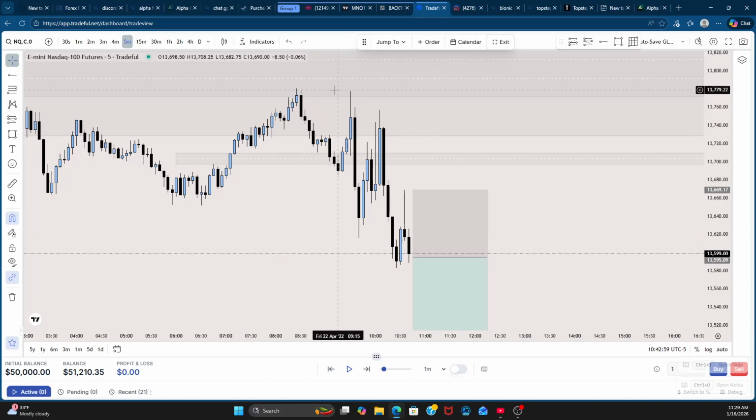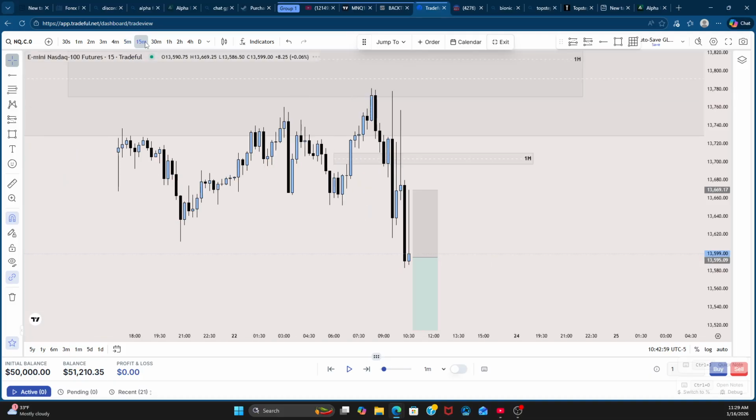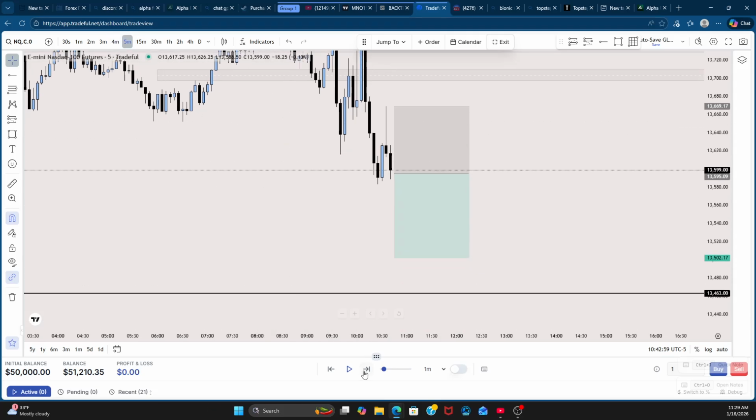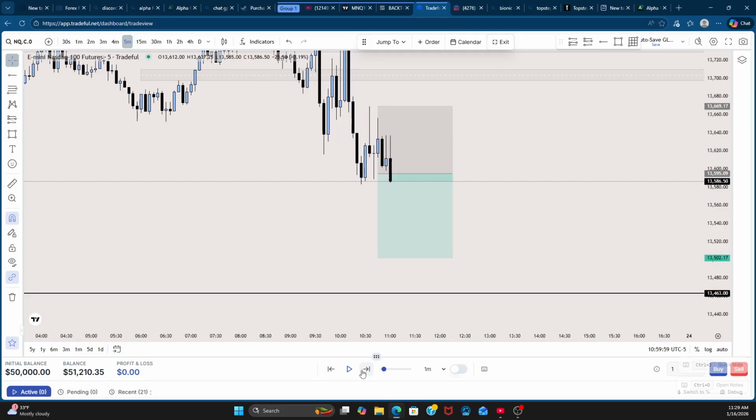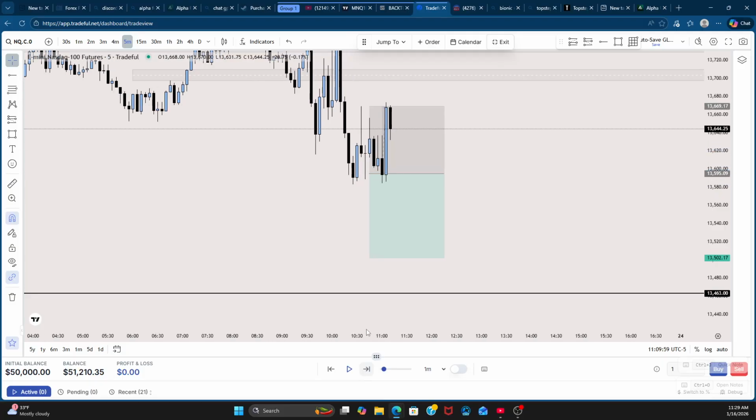We do have some low resistance resting above us up higher. Not really any low resistance resting lower. I'll just wait. Alright, W. No trade day.